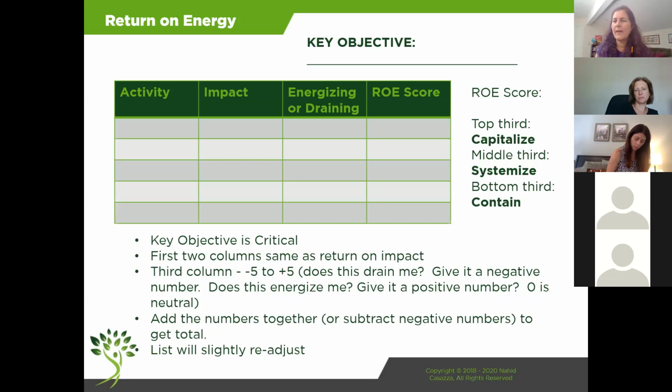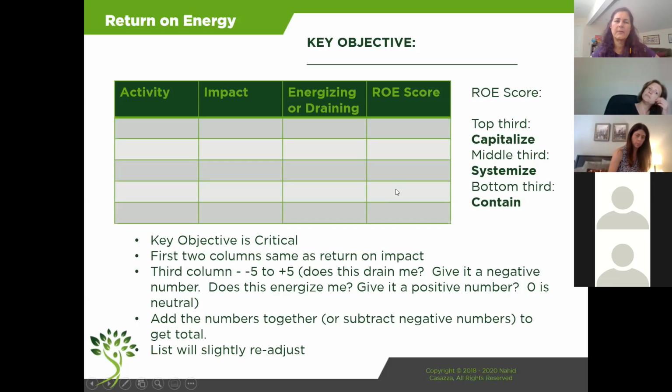I may not get as much business that way, but I ensure that my business is more enjoyable and I'm not pushing myself out of my comfort zone when I really don't want to. Some people want to push themselves out of their comfort zone to get better results, and that's fine too. But this energizing or draining column helps you make what you're doing fun and more aligned with what you naturally enjoy doing.